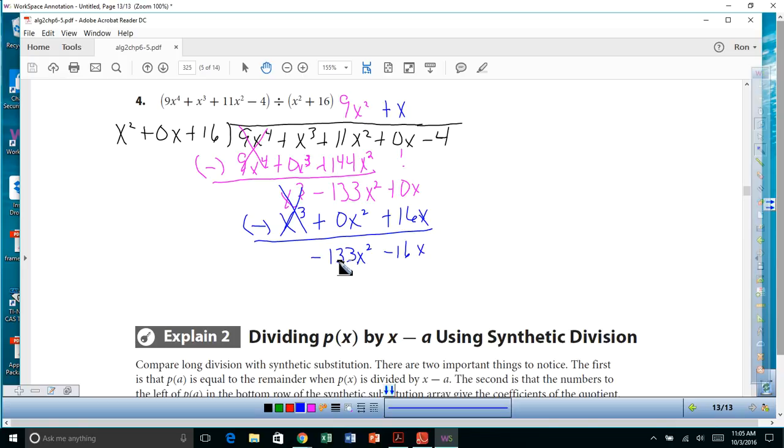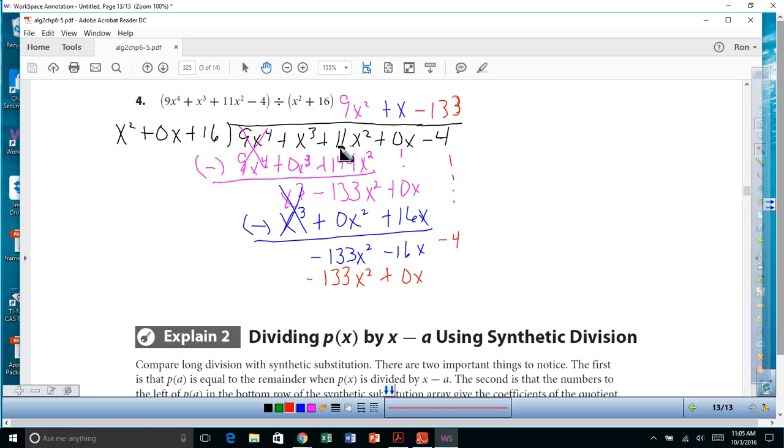So now I need to multiply by negative 133, and that's going to give me negative 133x squared. Negative 133 times 0, that's going to be plus 0x. Negative 133 times 16, and I meant to bring this negative 4 down, so that's minus 4.